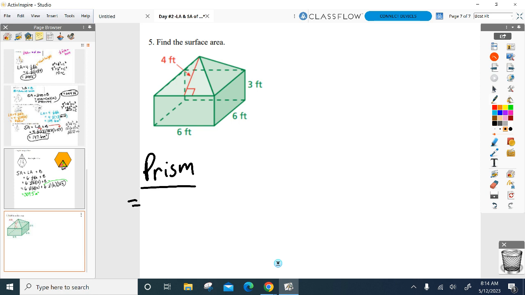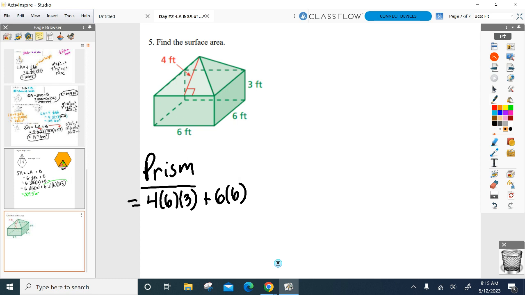So 4 of them will be 6 by 3, and then the bottom one, the floor there, will be 6 by 6. So that takes care of all 5. Why am I not counting the top 6 by 6? It's covered up. Surface area, I only count what's there.